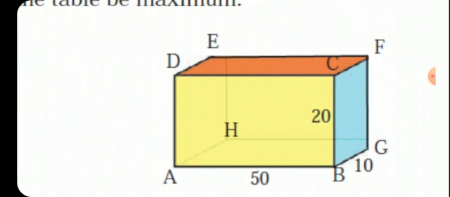In this figure you can see edge AB is the length, that is 50 centimeter, BG is the breadth 10 centimeter and height is BC. It is given as 20 centimeter.